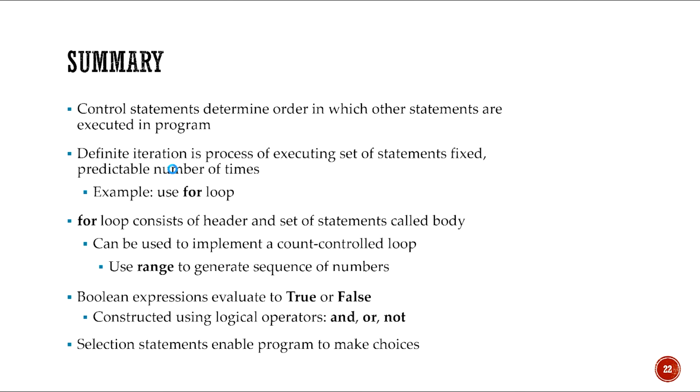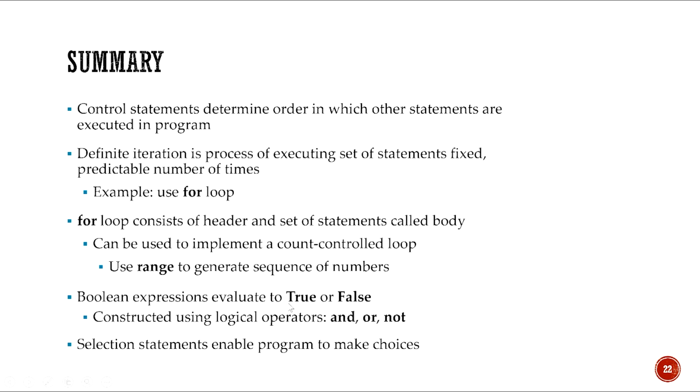Now the main points in this lecture. So we discussed control statements, which determine the order in which other statements are executed in a program. So with conditional statements, if and else statements, we just define the order for different procedures.